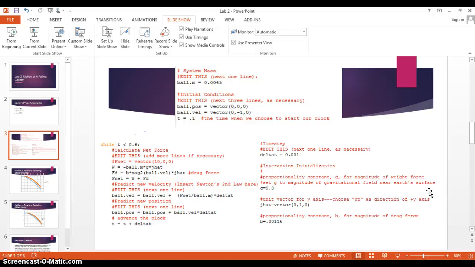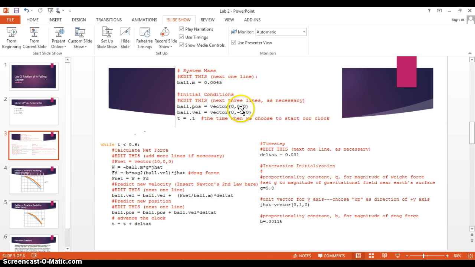Now for some excerpts of the code which I used to model the motion of the crumpled paper over the 0.6 second interval. I estimated the paper's mass to be 0.0045 kilograms. The initial position of the paper is 0, and the initial velocity is 1 in the negative y direction.